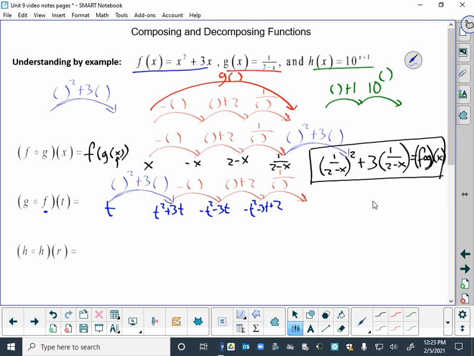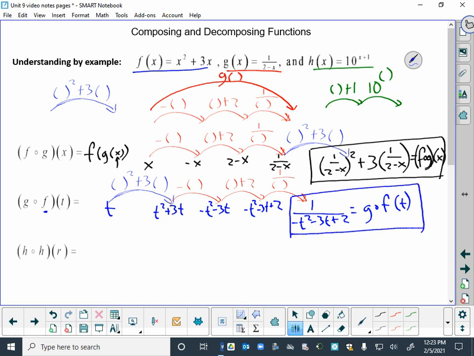And then it says flip that thing over, so you get 1 over negative t squared minus 3t plus 2. This is g circle f of t. Nice and easy.